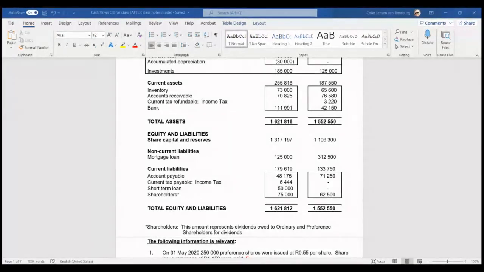And the dividends paid, we said, falls under our other operating activities. Thank you, Langa. So again, it cannot form part of operations, and therefore it's not part of your working capital either.